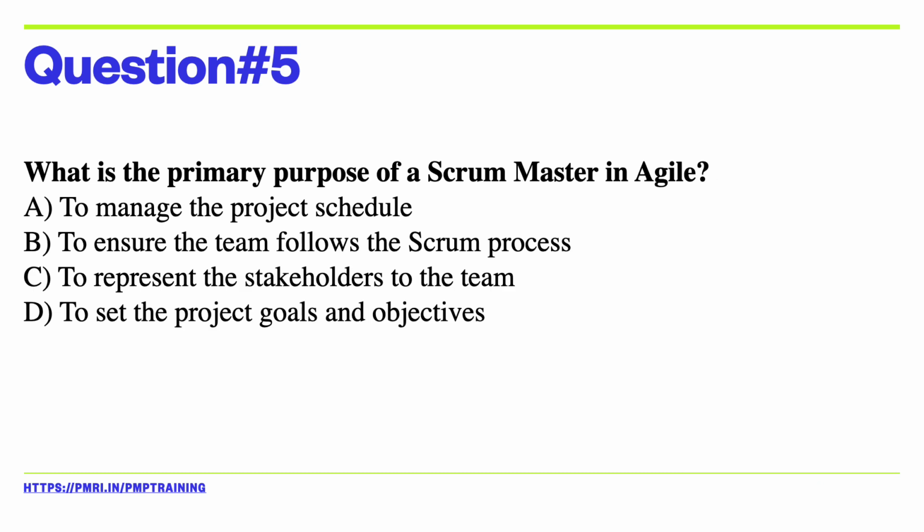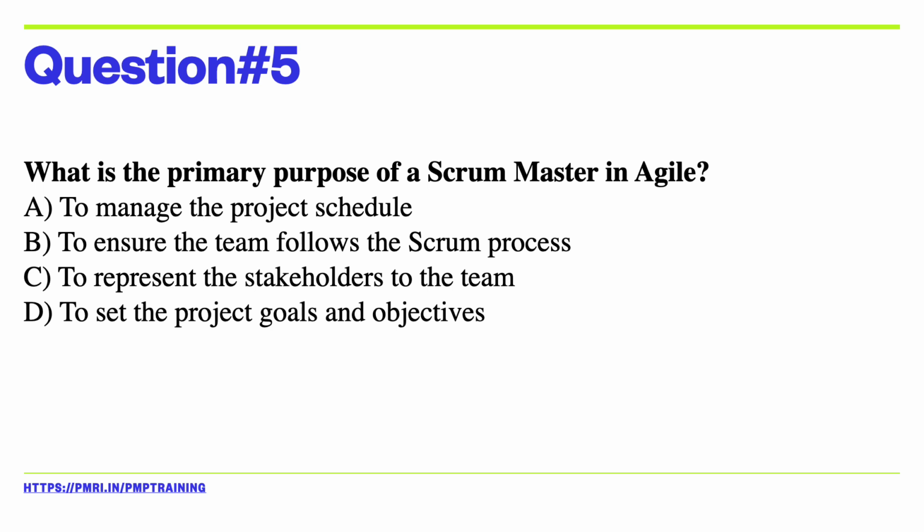Let us move on to the final question in this session, question number 5. What is the primary purpose of a Scrum Master in Agile? As discussed, Scrum is one of the Agile frameworks, and Scrum is the most popular among the Agile frameworks. Scrum Master is a role within the Scrum framework.